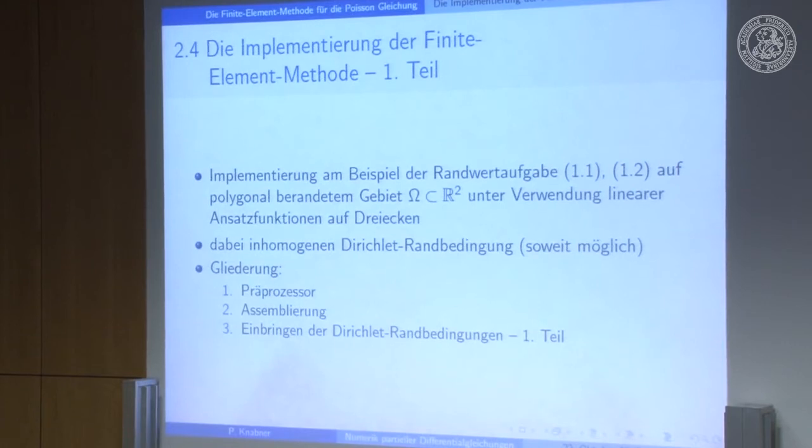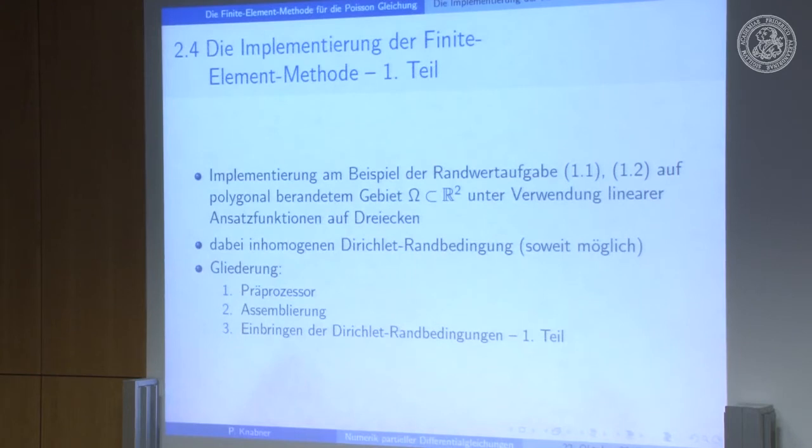So there are three basic steps to do. One is the so-called preprocessor, then the assembly stage, and finally the solution of the emerging set of equations. So what do we have to do? We have first to do some things before we are able to compute the entries of the set of equations.